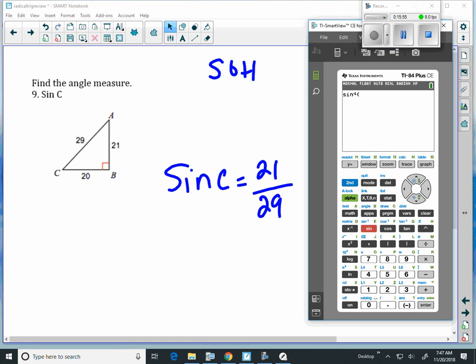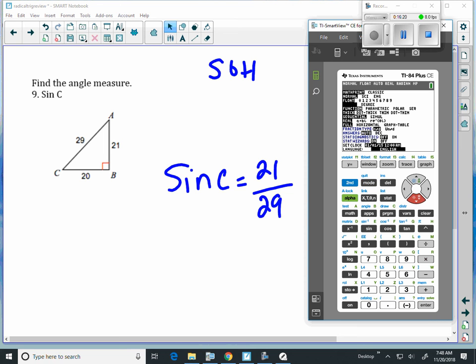Ooh, I forgot. Press mode. TI Inspire, you should be fine on this. If you look here, it says radian and degree. We want to tell our calculator that we want the degree measure. We don't want a radian measure. Radian has to do with pi. We don't need that. We need the degree.